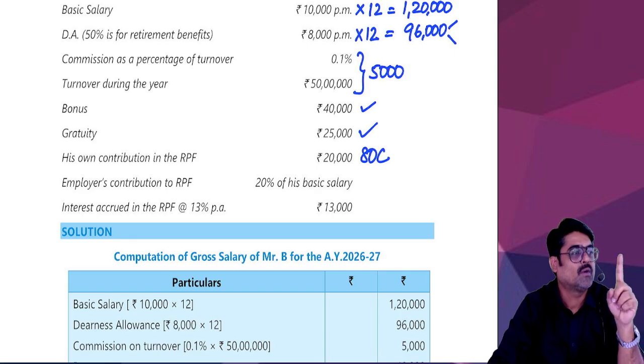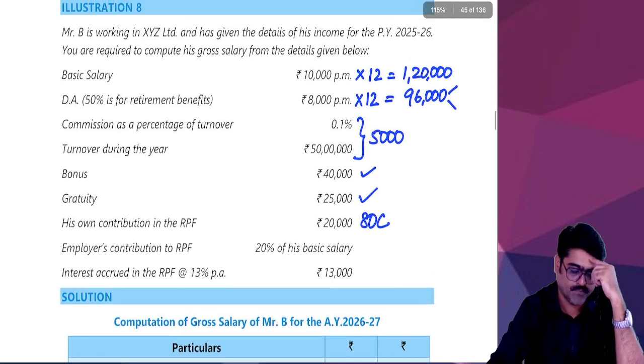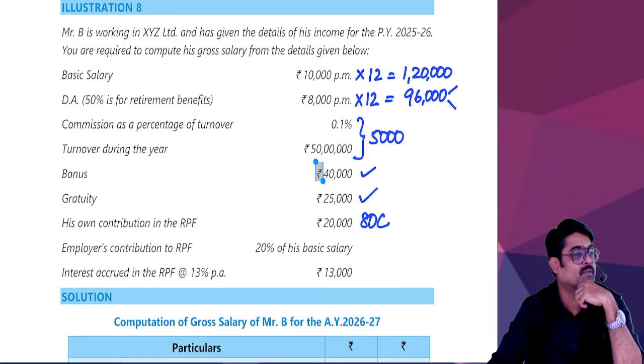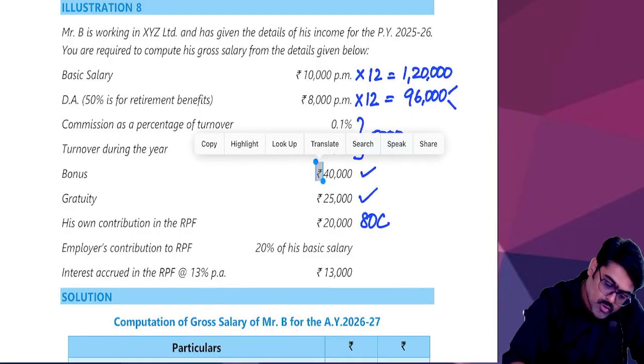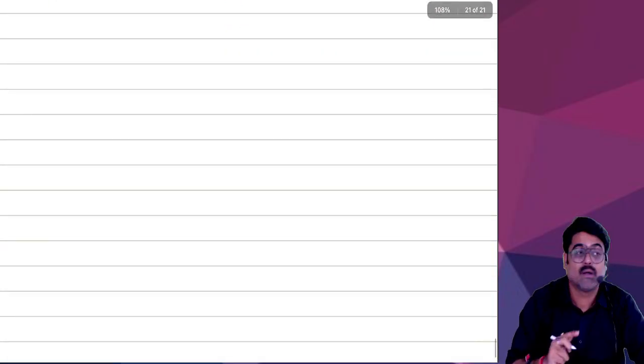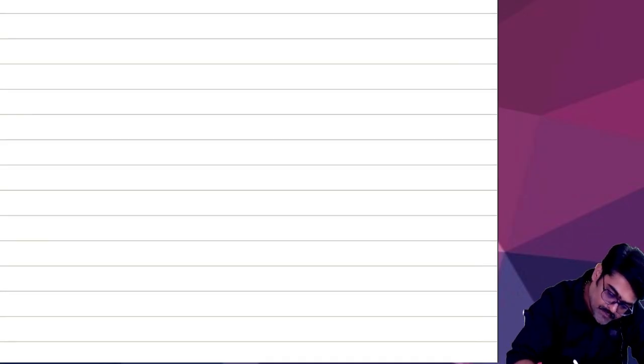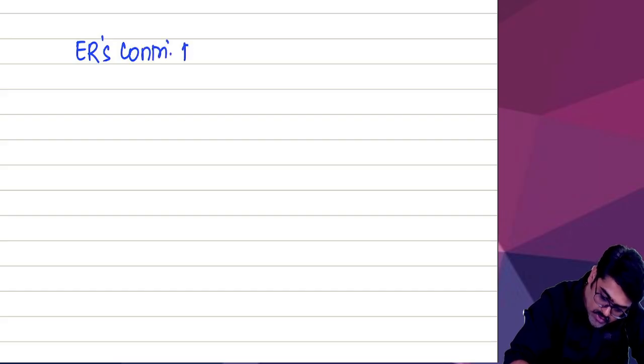Okay. Now, your employer is contributing how much? First of all, what is your basic salary? 1,20,000. 20% of that. So pay attention here, see how you will present. Employer's contribution to RPF account.